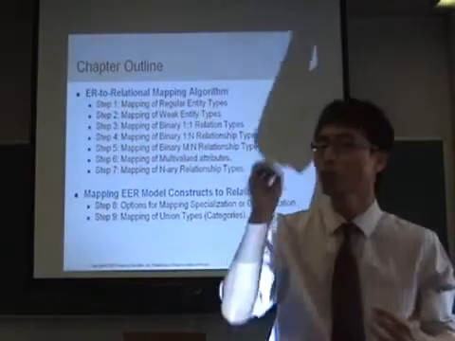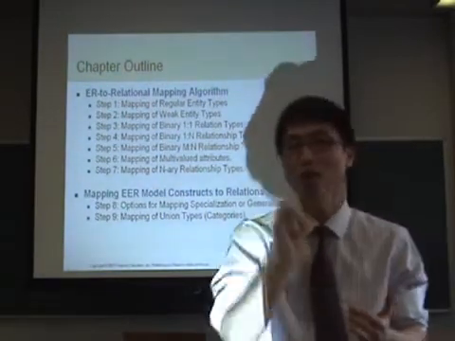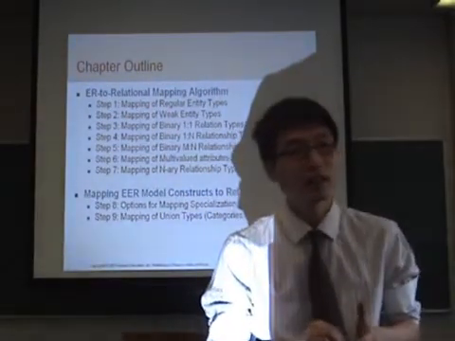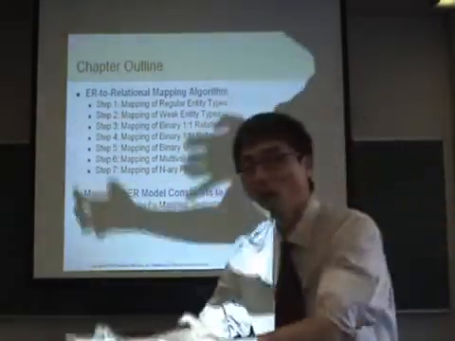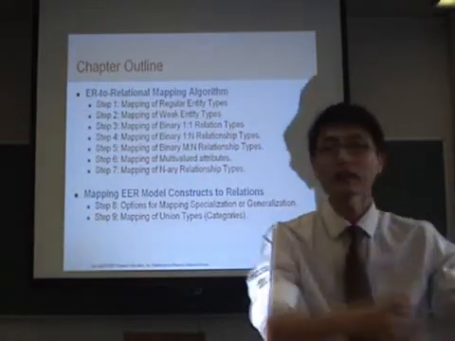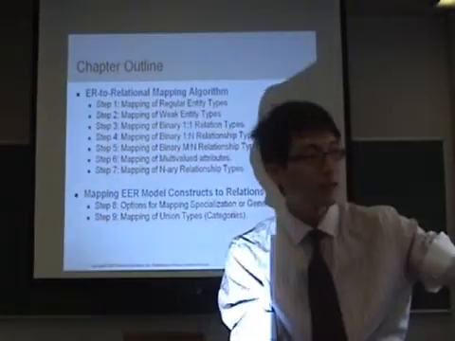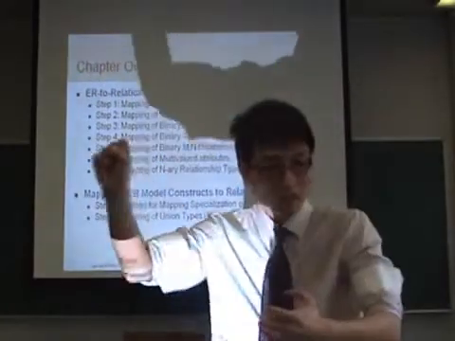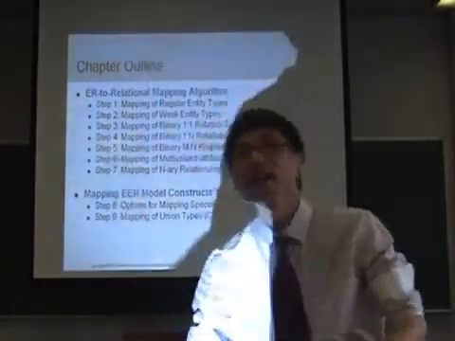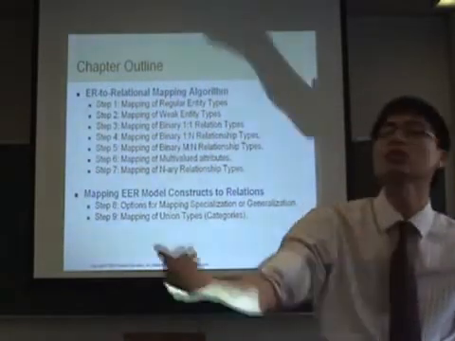Among them, we usually use the first one. The first one is to move the relationship to either of the entities. Then its attributes will be attributes of the corresponding relation. Then create the foreign key to the other.